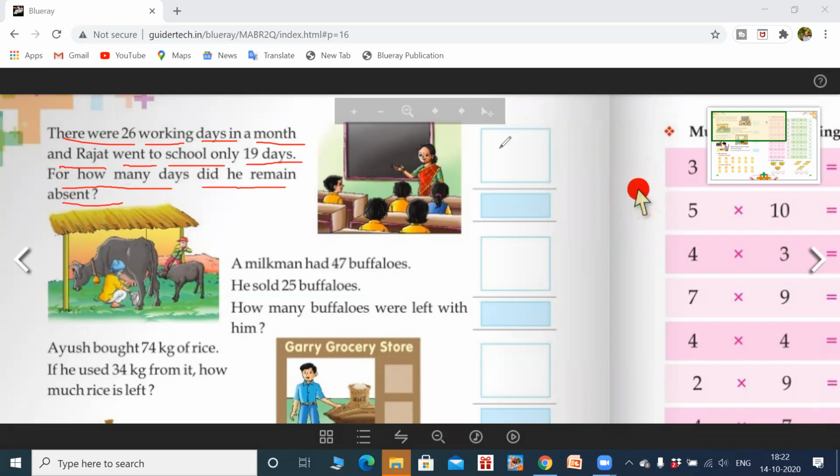The total number of working days is 26 and the number of present days is 19. 26 minus 19, 16 minus 9, 7, 1 minus 1, 0. The total number of days he remained absent is 7. So absent days are 7.